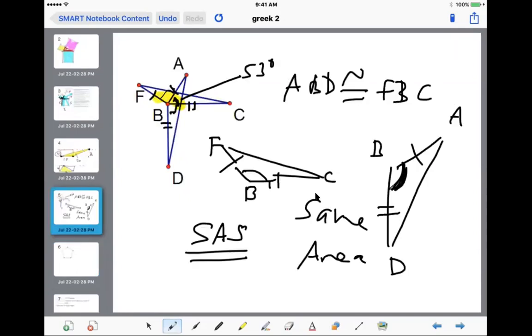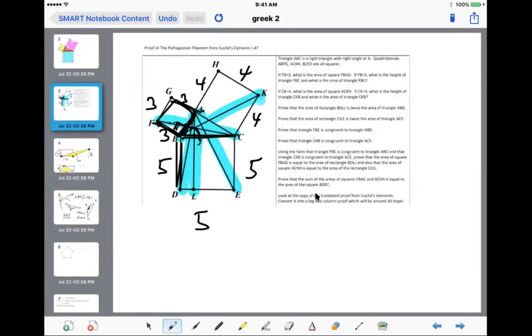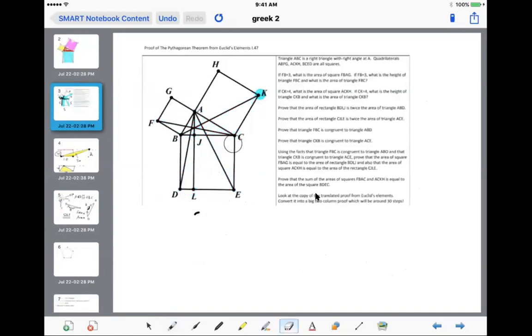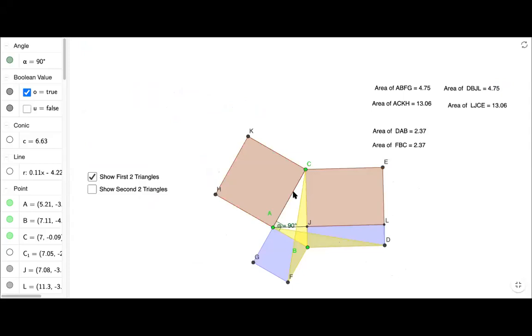But remember what I said before. I'm going to erase this part now. Actually, I'm going to come back over here to the GeoGebra page. So those triangles have the same area.